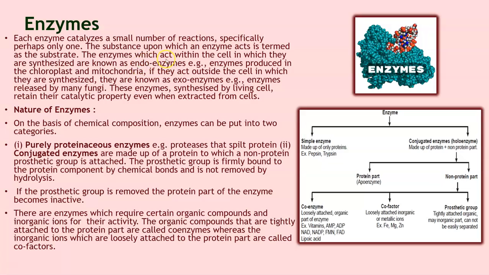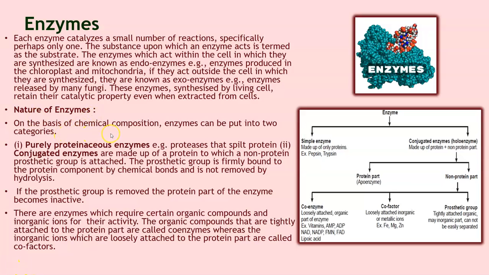So you have two types of enzymes: endoenzymes, where the enzyme activity is performed in the same cell where it is produced, and exoenzymes. These are those enzymes which perform their activity outside the cell in which they are produced. However, even if they are extracted out of the living cells, they still retain their catalytic properties.